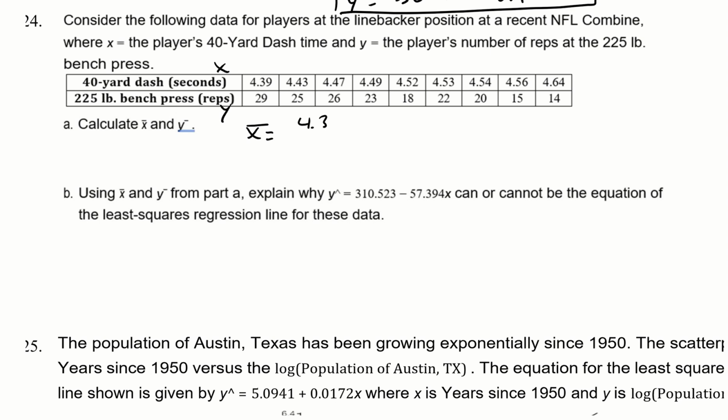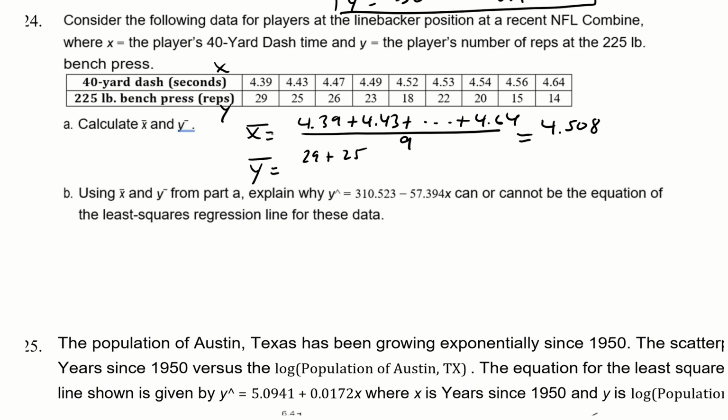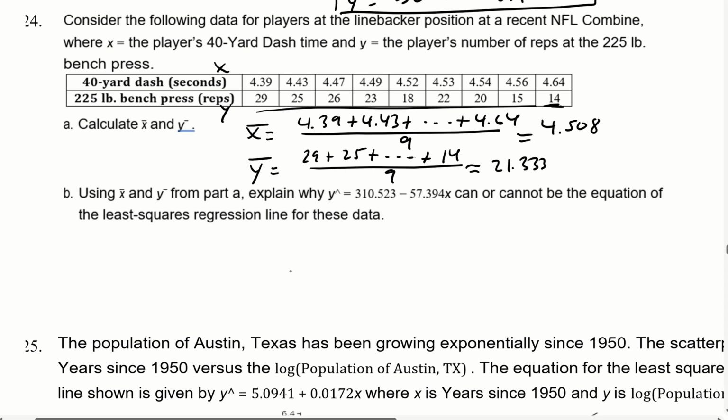So you add these up plus dot dot dot, then divide by 9. You get approximately 4.508. And then for y bar, you do the same thing: 29 plus 25 plus dot dot dot all the way to 14. Just add up all these numbers and divide by 9. That's approximately 21.333. So there you go, that's your x bar and y bar.